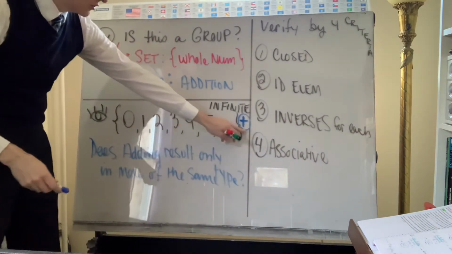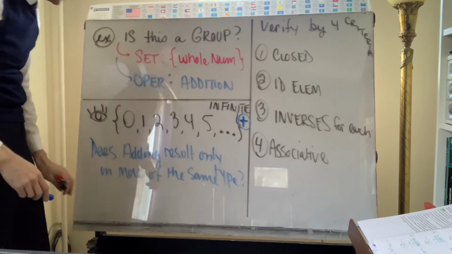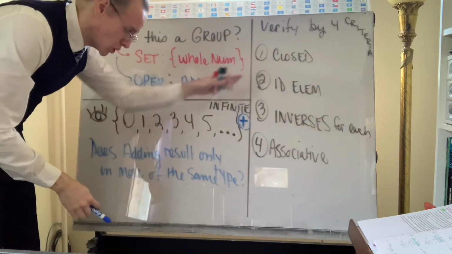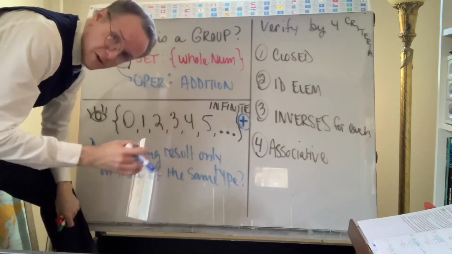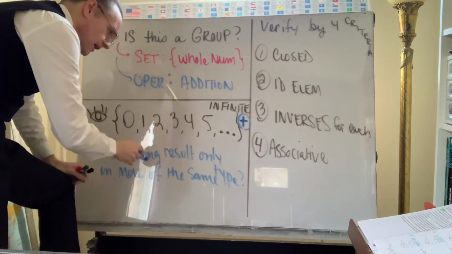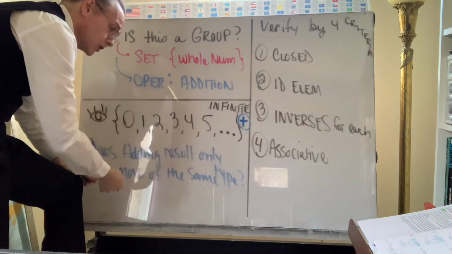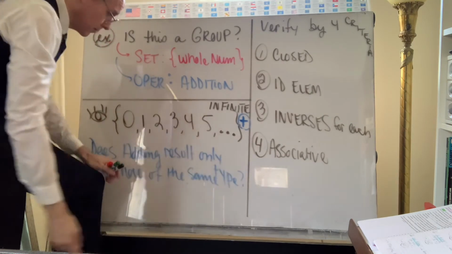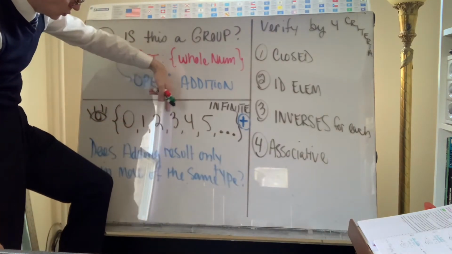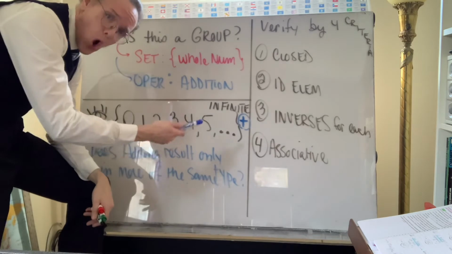Since we're dealing with addition because it's required of us, the question of closure is rephrased: does adding result only in producing more of the same type? In other words, if you added any combination of two of these, would you end up with more whole numbers?